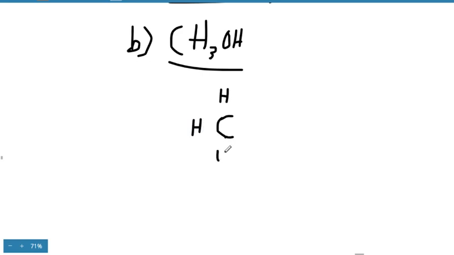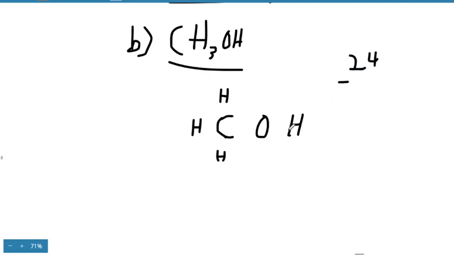CH3, this means that the carbon has 3 hydrogens bonded to it, and then there's an OH group also bonded to it. So now we count up the want. It's 2 per hydrogen. So there's 4 hydrogens. So 2 times 4 is 8. Then it's 8 per other element. There are two other elements. 2 times 8 is 16. So 8 plus 16 is 24.